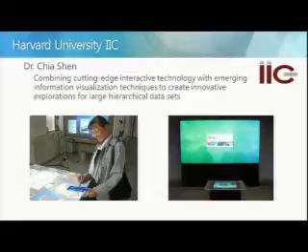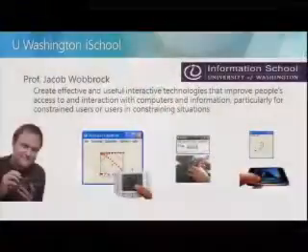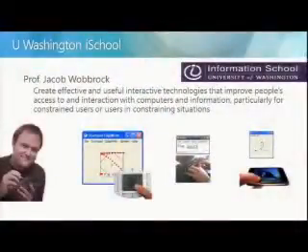So let me talk a little bit about some of the participants in this program who weren't able to be here to present their work today. The first is Dr. Cha Shen, who runs the program at Harvard's Initiative in Innovative Computing. I'll mention also Jake Wobbrock, who is a professor at the University of Washington in the Information School. Professor Andy Van Dam, who I think actually is in the room.